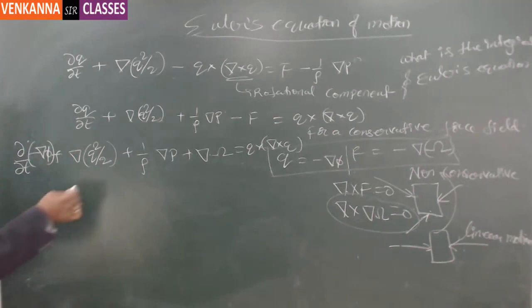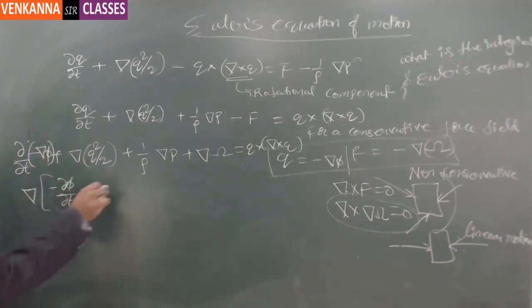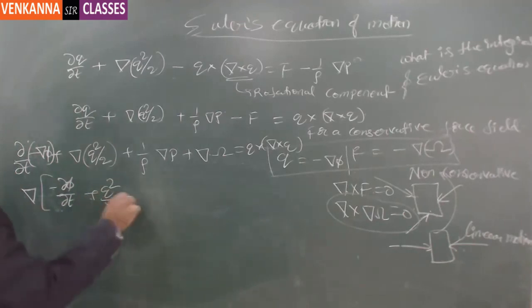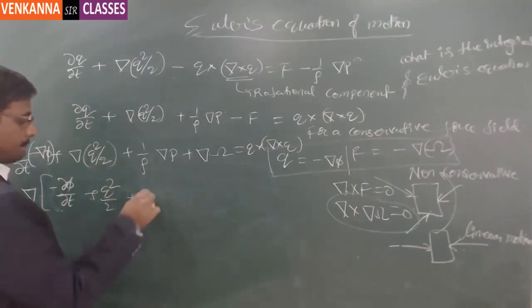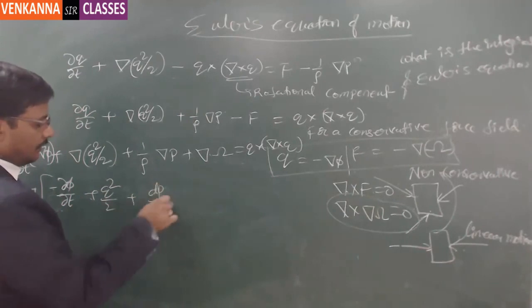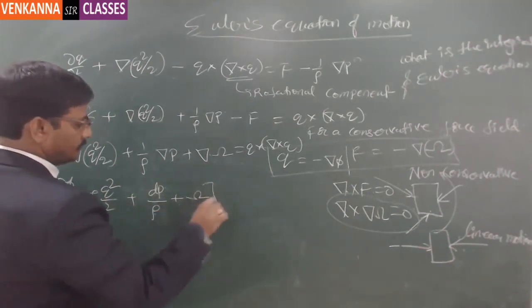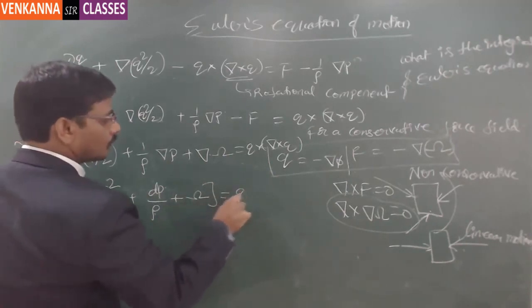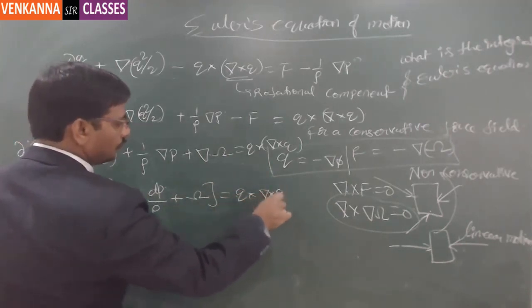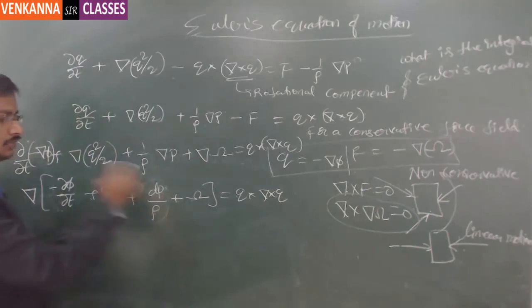From this, if you take del out, this will become minus dou phi by dou T plus Q square by 2 plus dP by rho plus omega is equal to Q cross del cross Q. I hope you understood why I have written it this way.